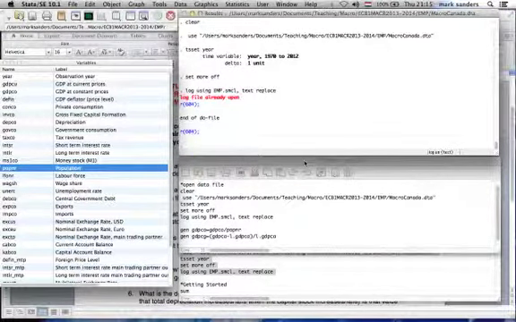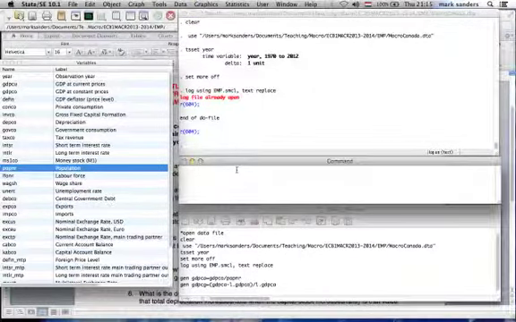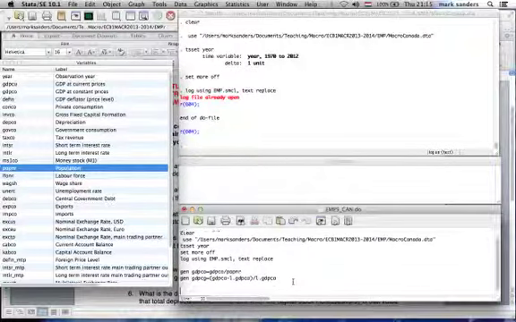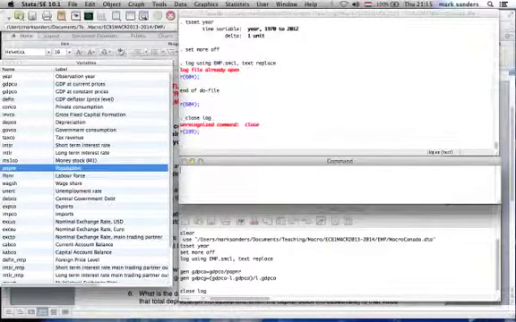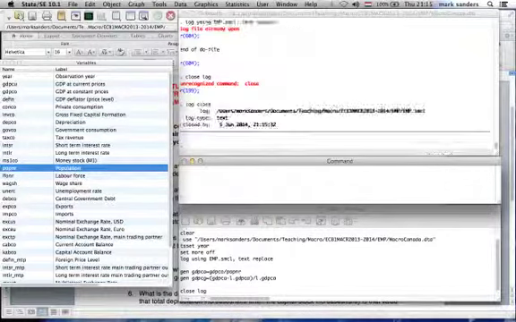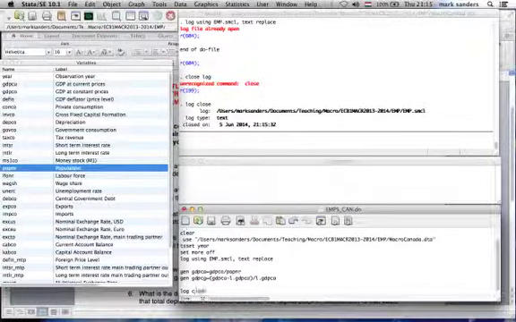If I execute this, it says the log file is already open. I have to put close log here and do it here as well. There we go.